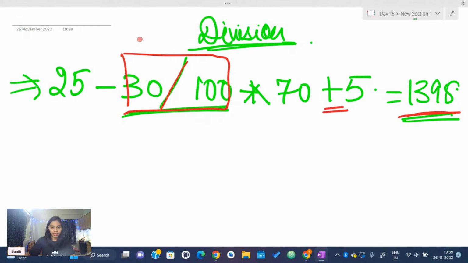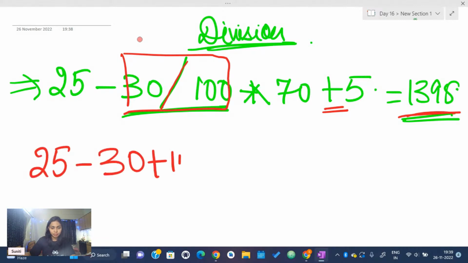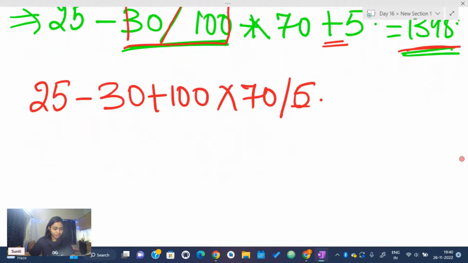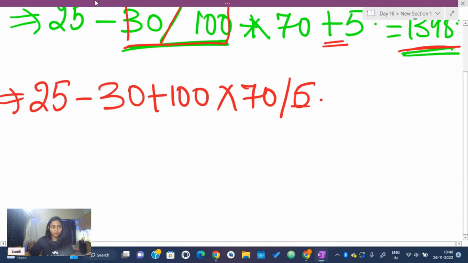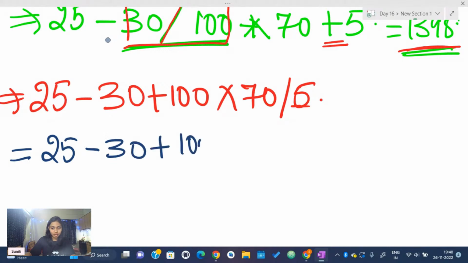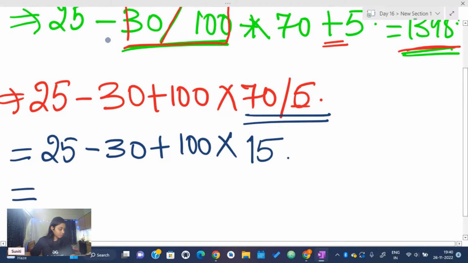So what will the expression become? It will be 25 minus 30 plus 100 into 70 divided by 5. This is the new expression that we have here. Now let us see what final answer we get. 70 divided by 5 is, sorry, it will be 14.